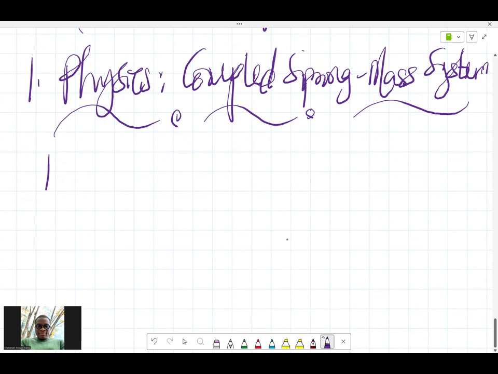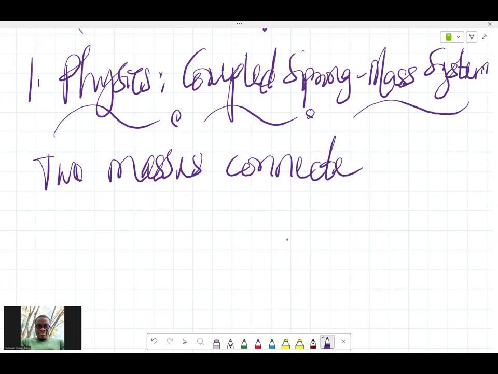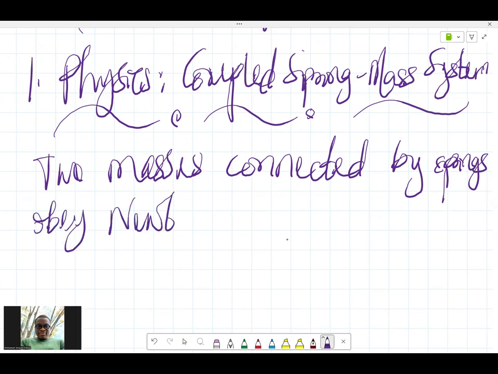So here we have two masses connected by springs. Two masses connected by springs obey Newton's laws as follows.